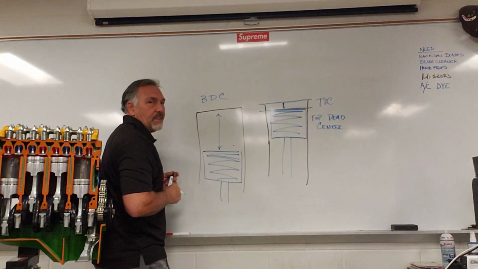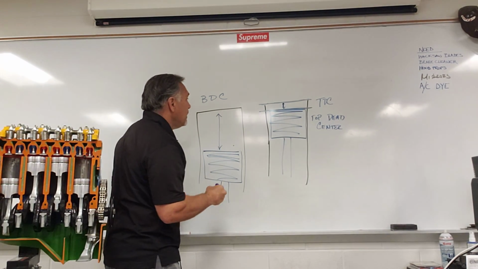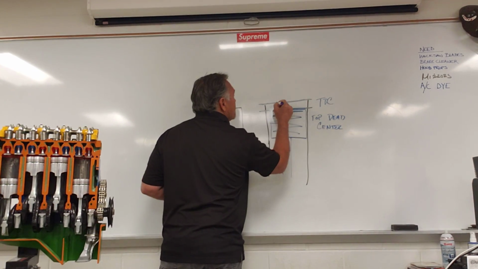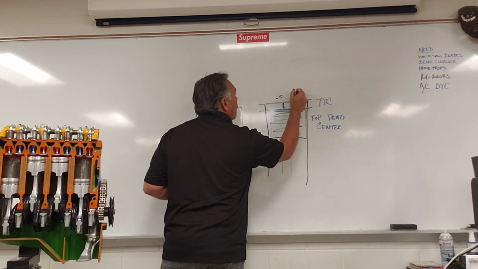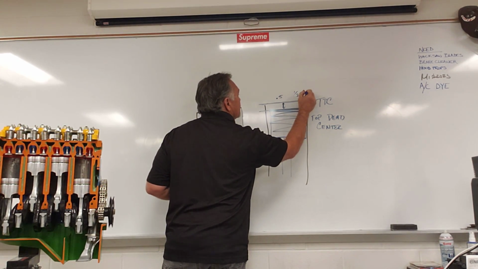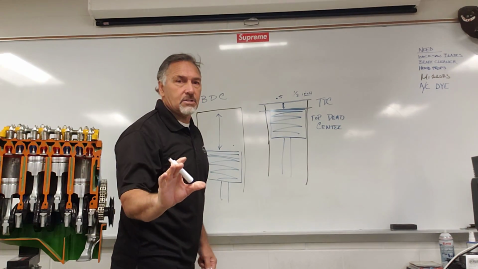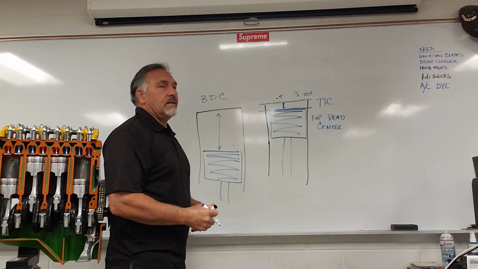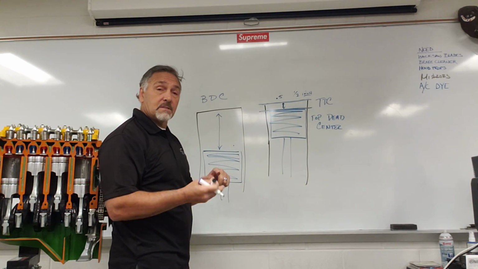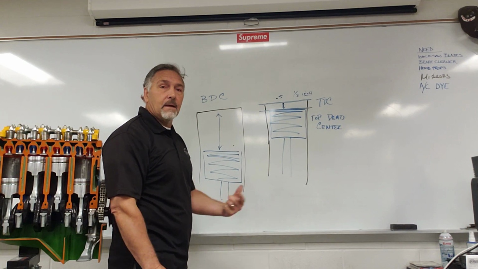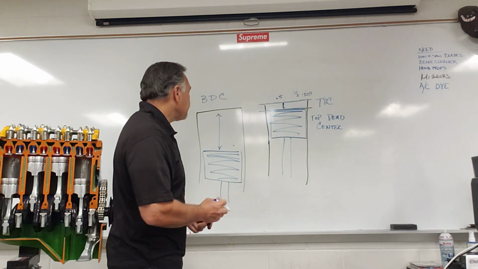We'll simplify this just for the sake of this discussion. Let's say that this space here is 0.5 or 1/2 inch. Now again, the spaces are much smaller than that, and the equations are much more detailed and specific, but this is to illustrate what compression ratio is.